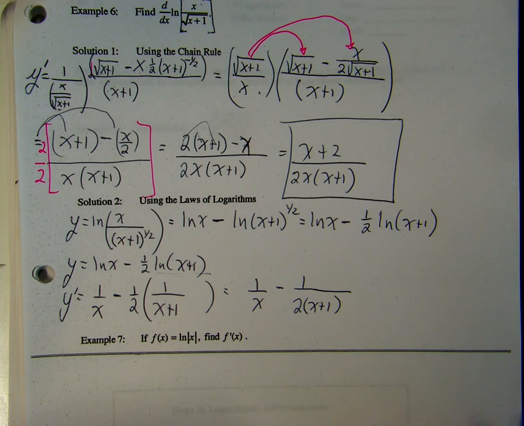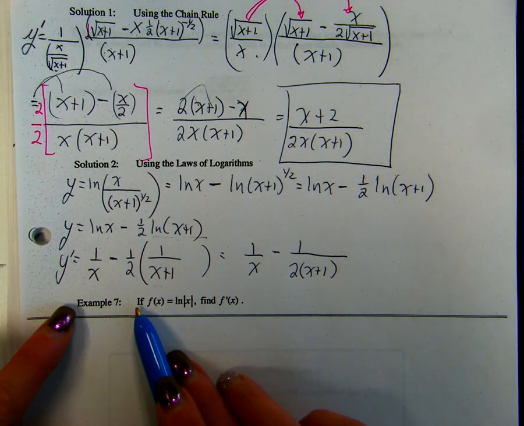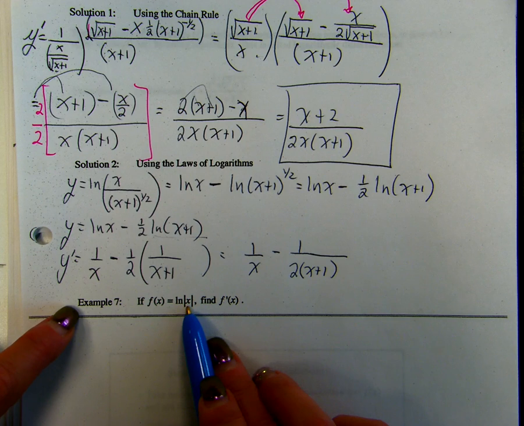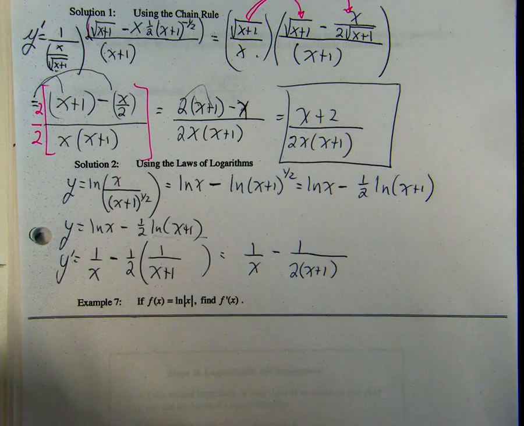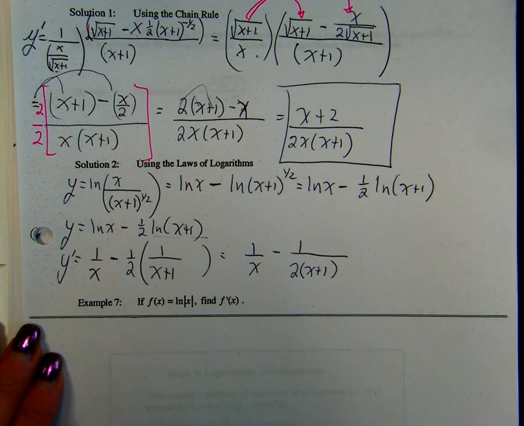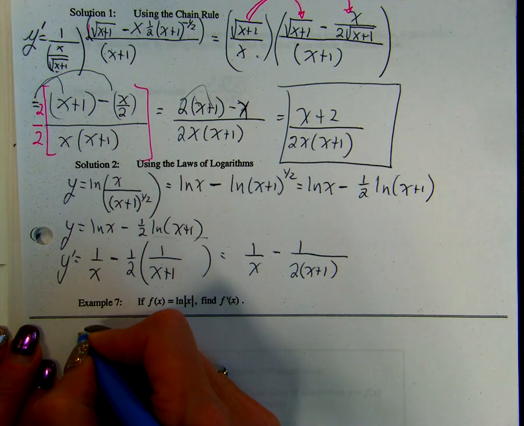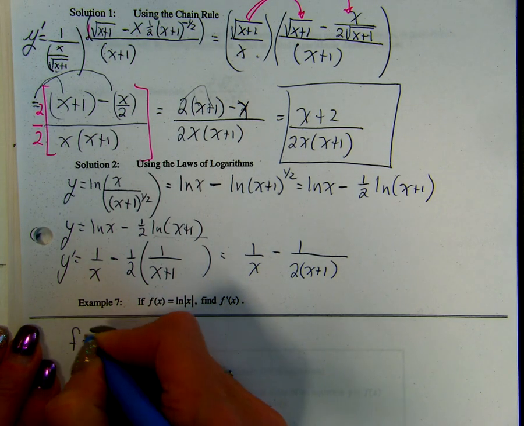Hey, one last example. I'm just going to rush through this because the bell's about to ring. If f at x is the ln of the absolute value of x, find f prime. So this is useful because you remember that you can't take the ln of a negative number. So what happens if you have to take the ln of an absolute value? So absolute value function is piecewise defined.